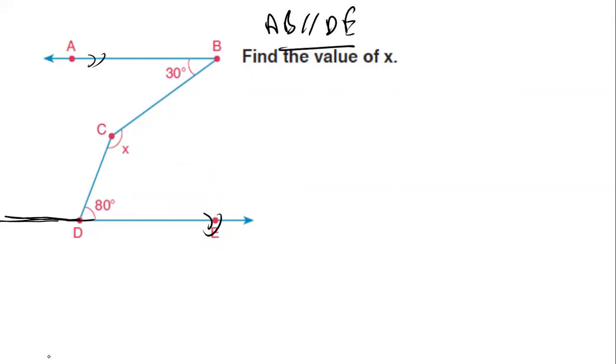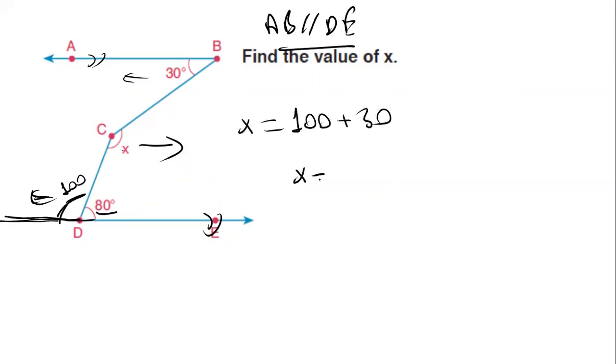Remember, the sum of this and this angle will be this angle, equal by the rule of zigzag. And then I can find here from the straight angle 180 minus 80, which is going to be 100 here. X is going to be 100 plus 30, which is going to be 130.